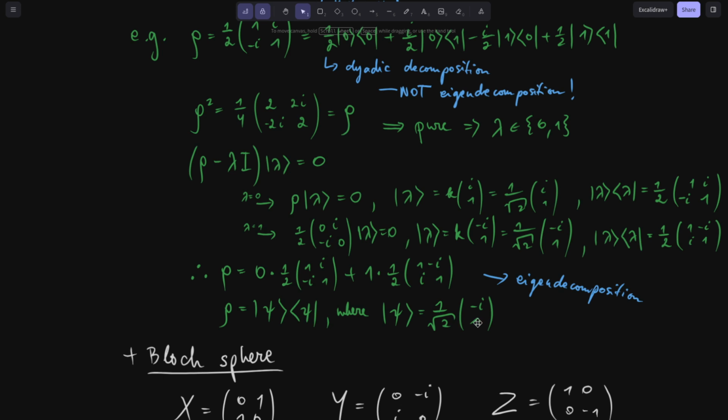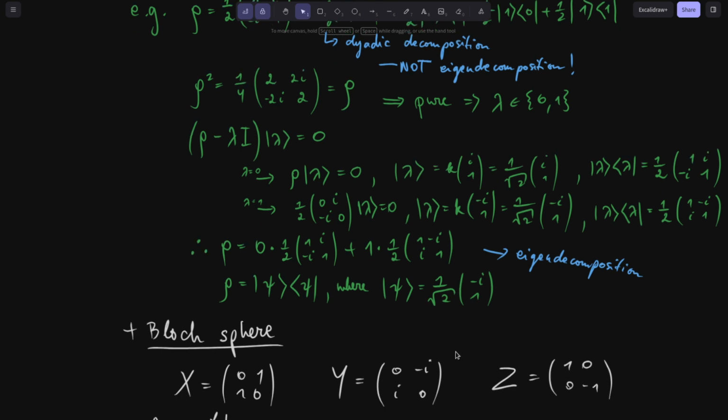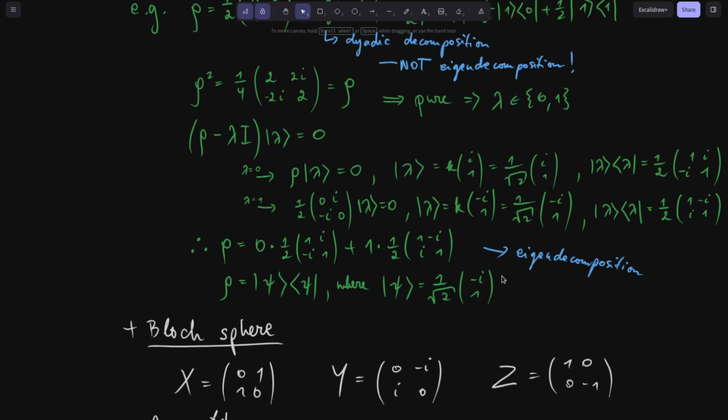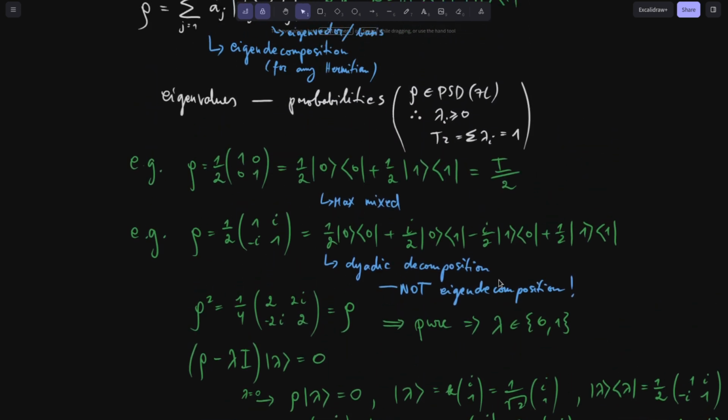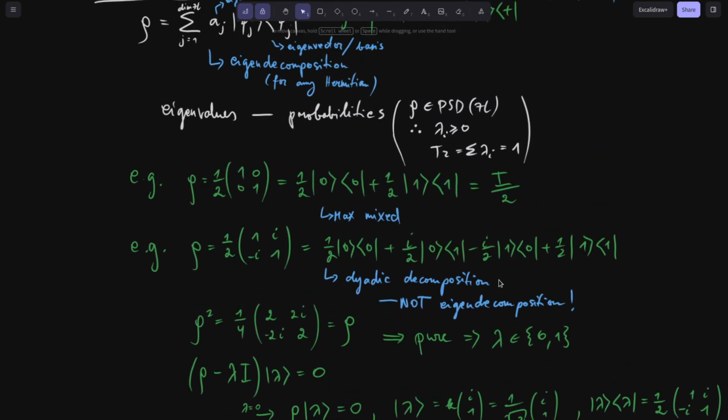And as you can see, we got the same thing again, but now we know what the vectors are that combine that state. So this is the eigendecomposition: finding eigenvalues, finding eigenvectors and expanding.